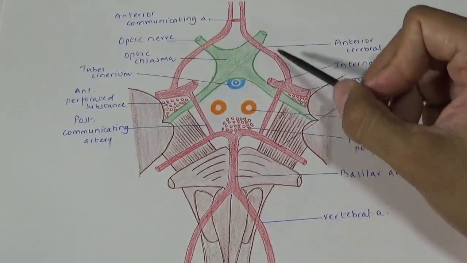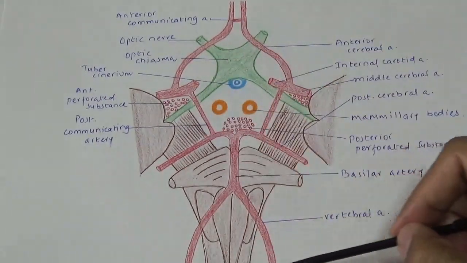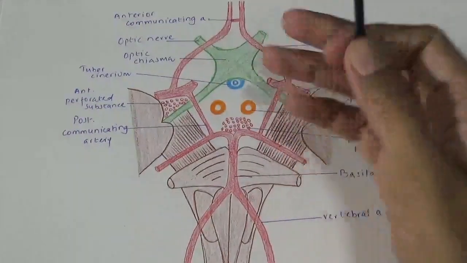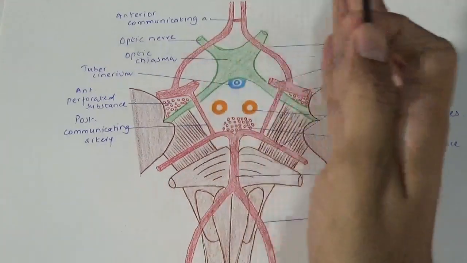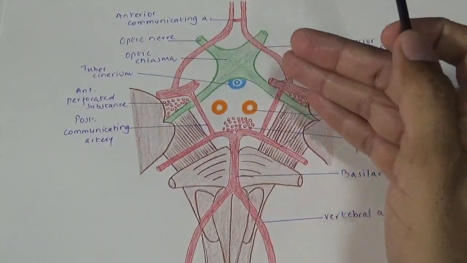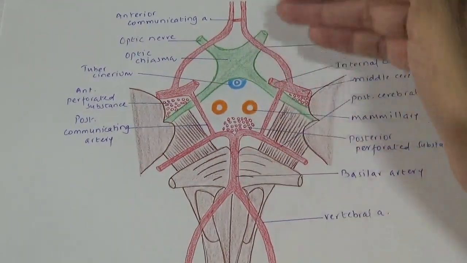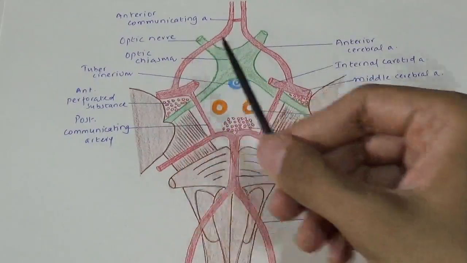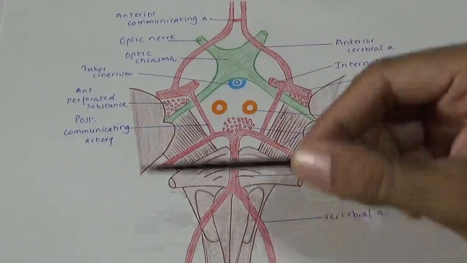So this is the circle of Willis. It is said that there run two parallel individual blood circulations. One-sided internal carotid and vertebral will show a continuous blood flow. Similarly, this side's internal carotid and vertebral will show a continuous blood flow.